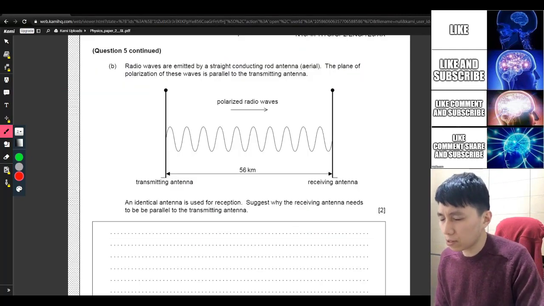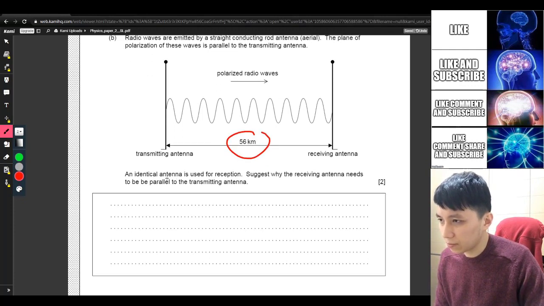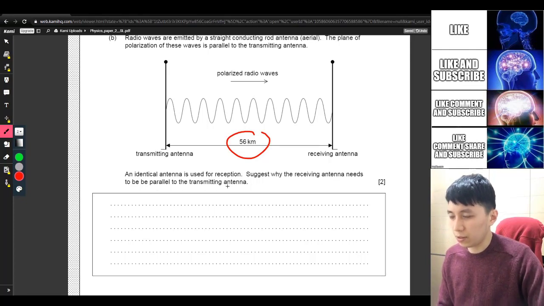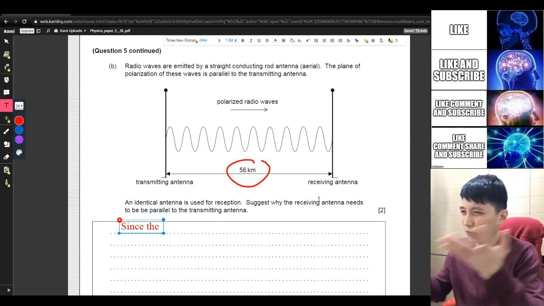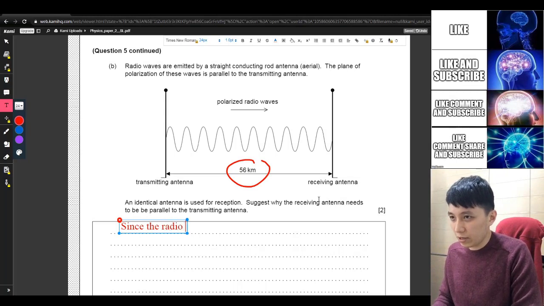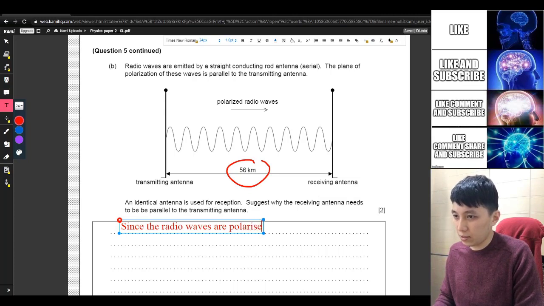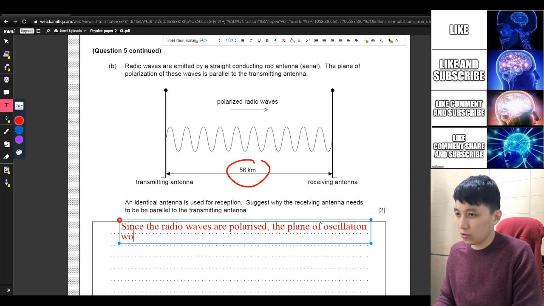Next up, something to do with polarization, I believe. So they have told you the distance between them, identical antenna, blah blah blah. Why does it need to be parallel? Okay, so since it's something to do with polarization, obviously, since the radio waves are polarized, the plane of oscillation would affect the intensity received.